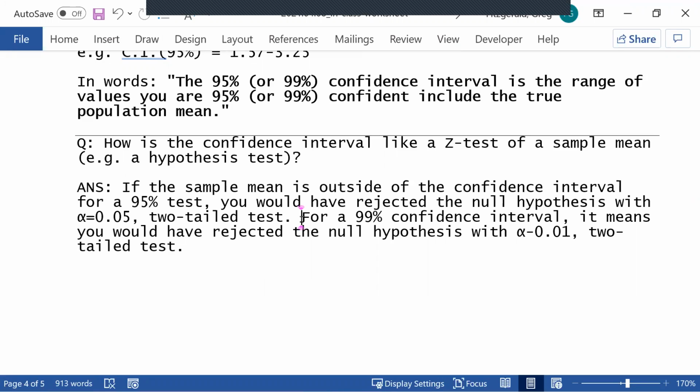So finding your sample mean outside the confidence interval is unexpected and surprising in the same way that rejecting the sample mean in a null hypothesis test would be.